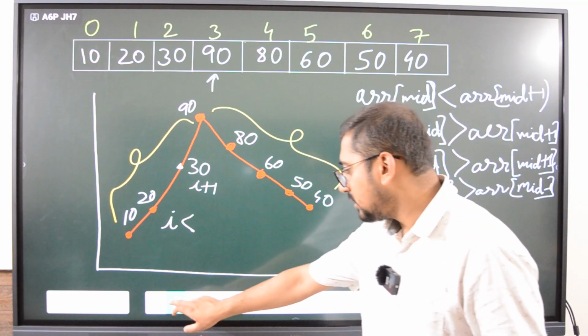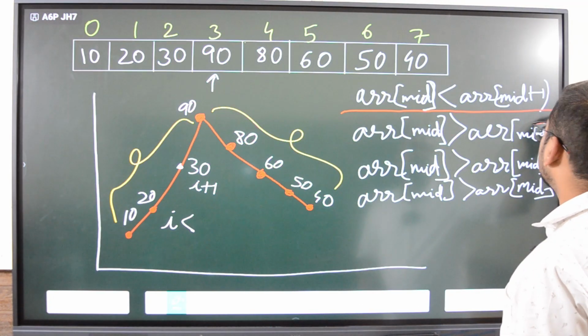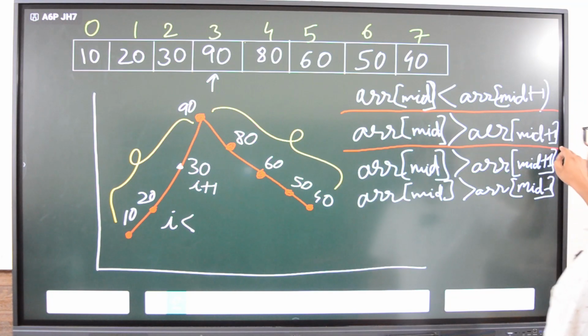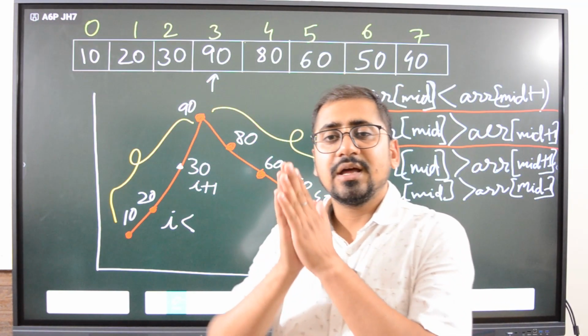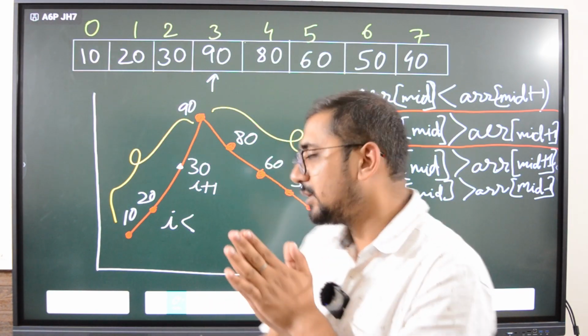These are the different conditions here that we have. This is for the first case if we are on the left side. This is for the second case if we are on the right side. And these two conditions are there if we are exactly at the peak, when we have the mid index pointing at the peak here.